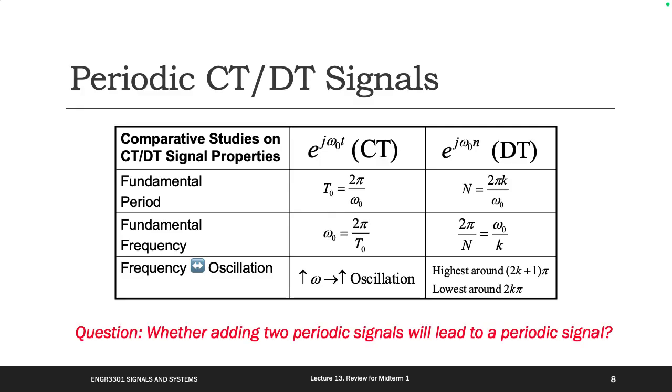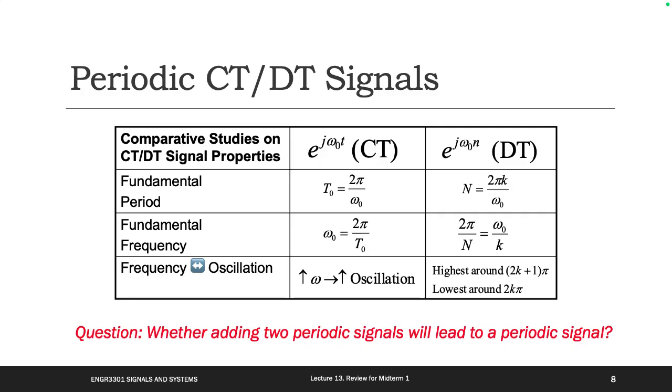Okay, let me ask you a question. Whether adding two periodic signals together will lead to a periodic signal? Are you sure? Actually for CT, it is. You can see I have a periodic signal with T1, omega 1, the other with T2, omega 2, and I add them together.